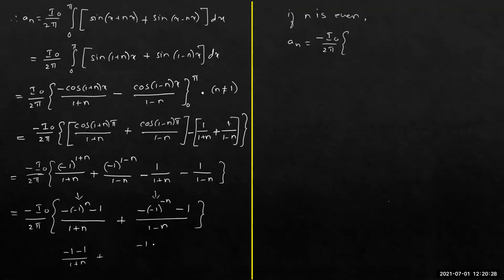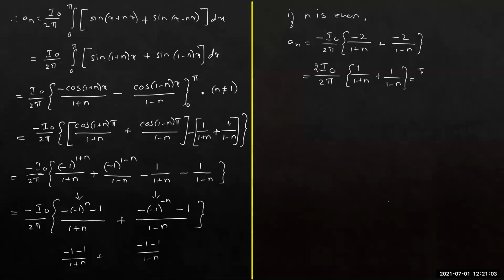So here also it is minus 1 by 1 minus n. So we'll get minus 2 divided by 1 plus n, plus minus 2 divided by 1 minus n. I'm just bringing minus 2 out of this. When you bring minus 2 out, already there is a minus outside. So we'll get I naught by 2 can also be cancelled. If you want, you can write 2 I naught by 2 pi. What remains here? 1 by 1 plus n plus 1 by 1 minus n.